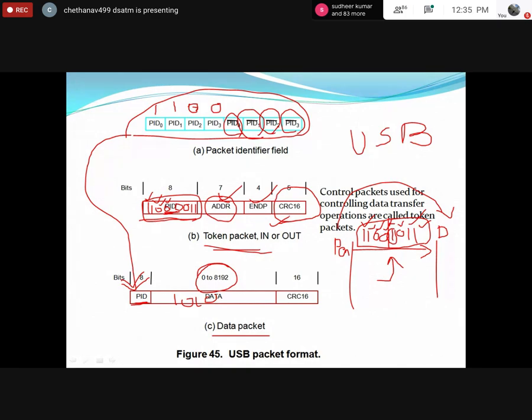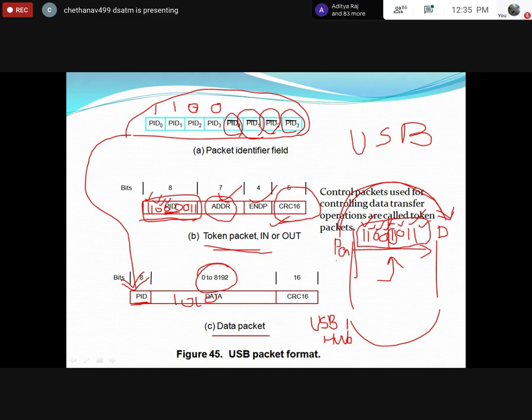As I said, the acknowledgement packet is one thing. What's an acknowledgement packet? As soon as it receives the data packet. See here, suppose this is my processor. Some processor has sent the data to my disk. If the disk has received the data properly, or from the disk to the USB port, you can take it as a USB hub, it received the data from the disk to this hub.